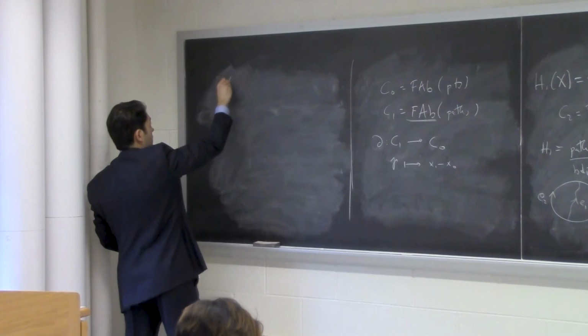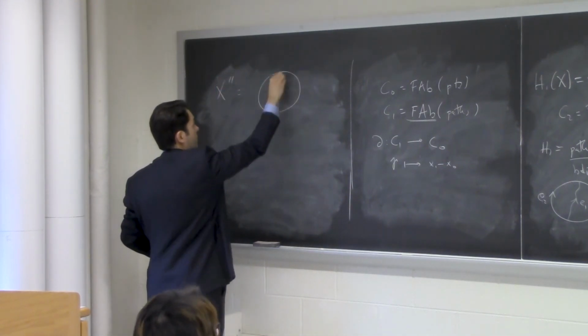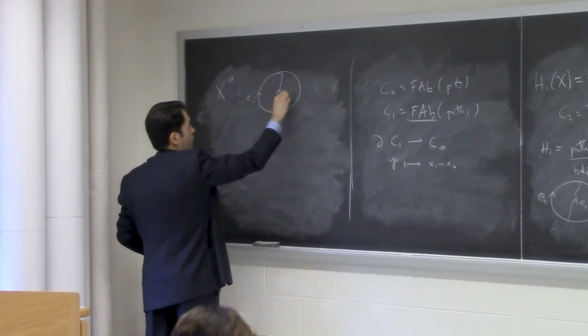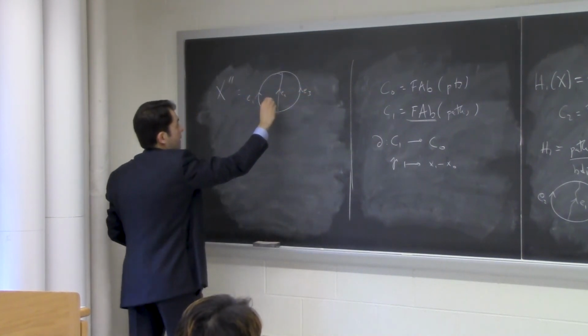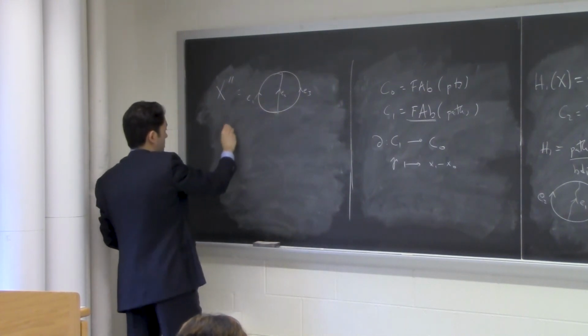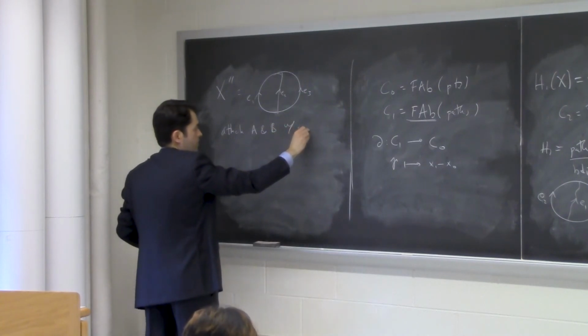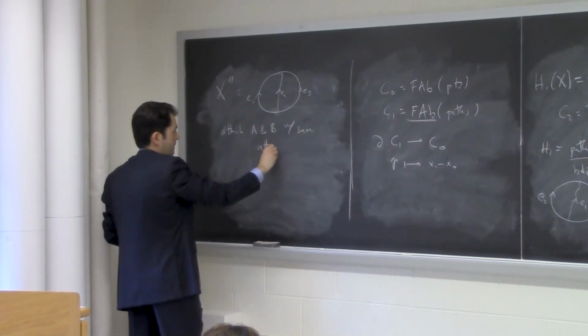So let's take x double prime. So we're going to have E1, E2, E3. And then here we're going to attach A and B, with the same attaching map.